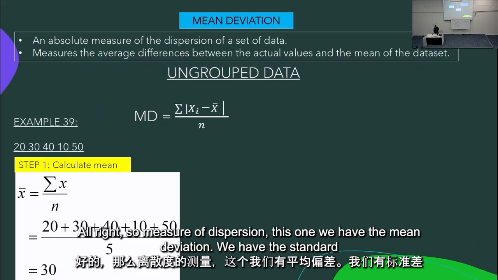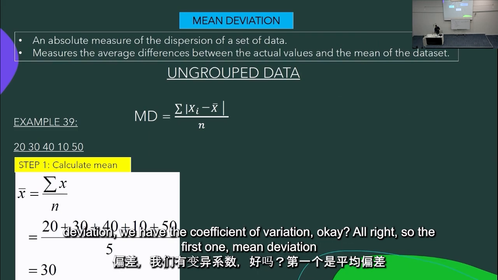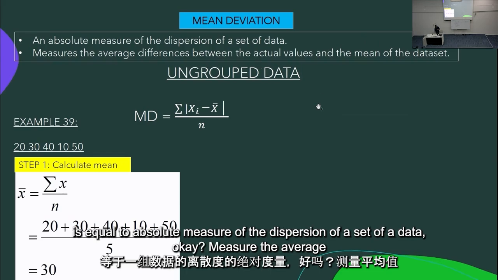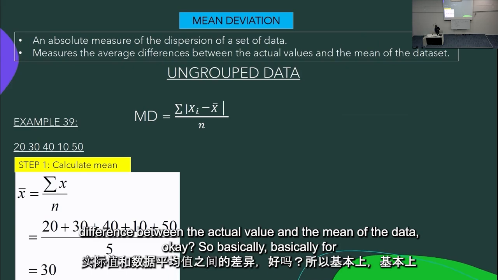So, measures of dispersion. Here we have the mean deviation, the standard deviation, the coefficient of variation. The first one, mean deviation, is an absolute measure of the dispersion of a set of data. It measures the average difference between the actual value and the mean of the data.